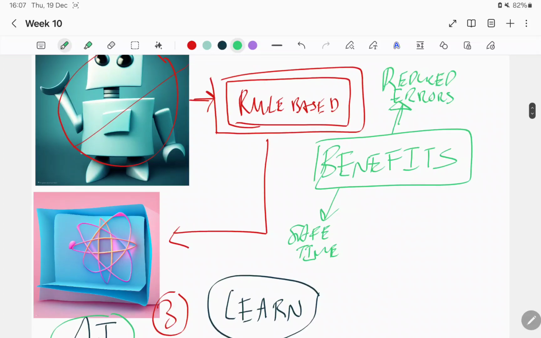And what kind of benefits can we think about in this RPA? Having things being automated, it saves time, it reduces the errors. Of course, it also saves your pocket, it also saves the boss's pocket.